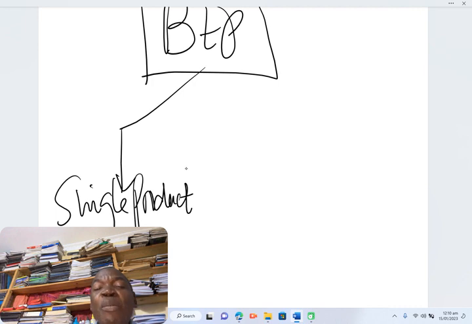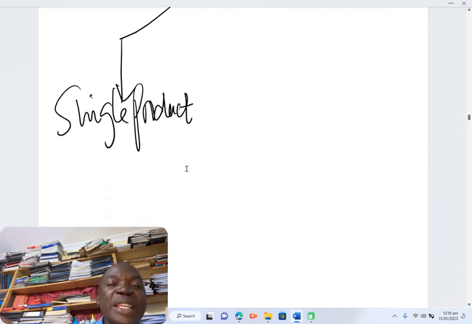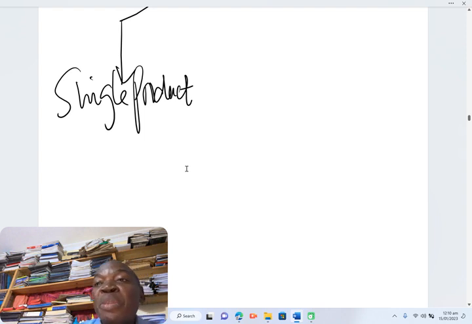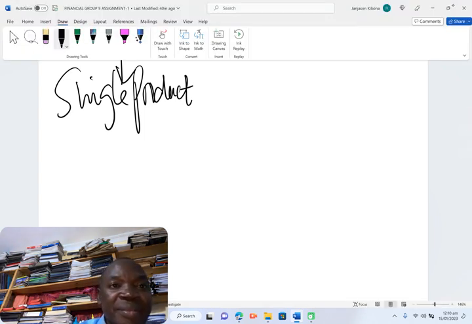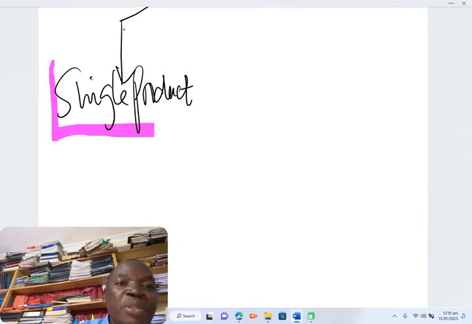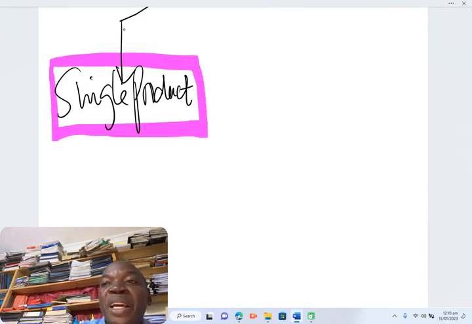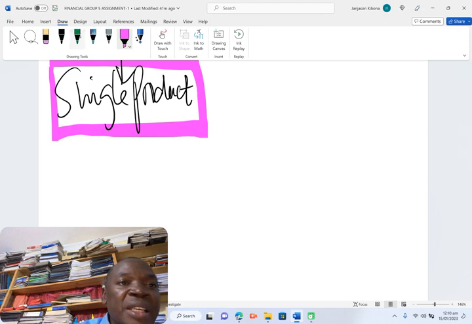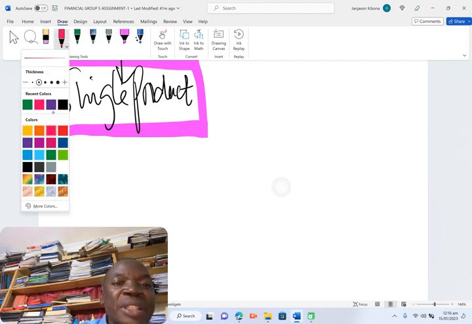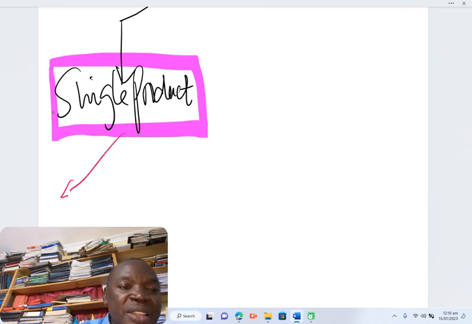If you have a single product BEP, then there are only two formulas. The first formula is the unit basis, and the other one is the sales revenue basis.